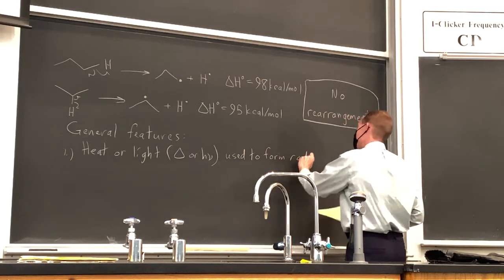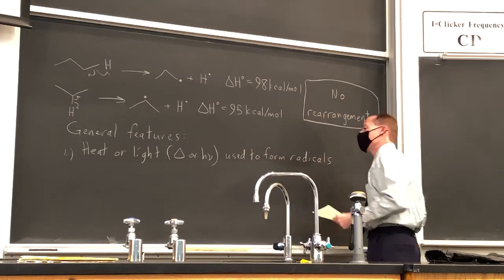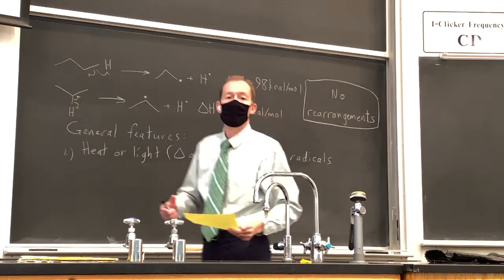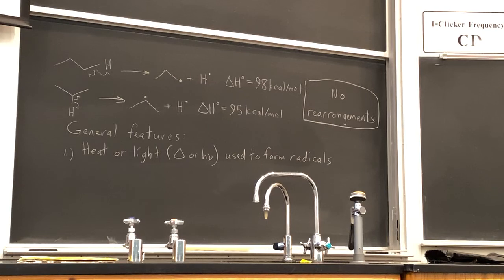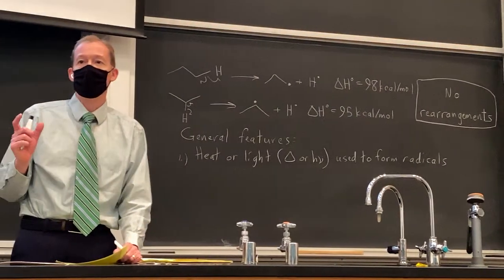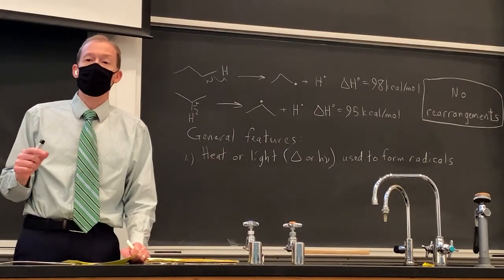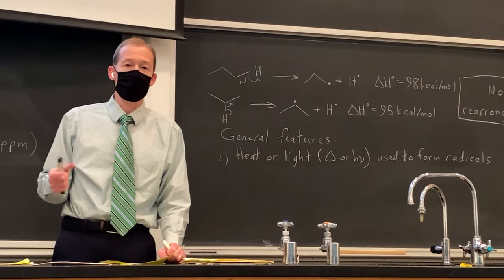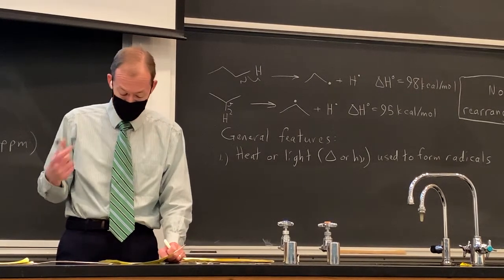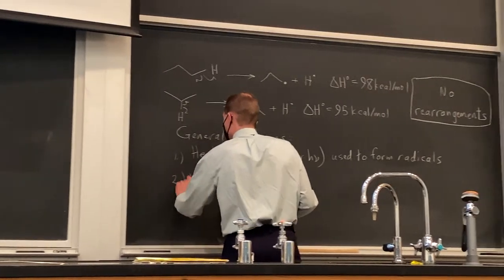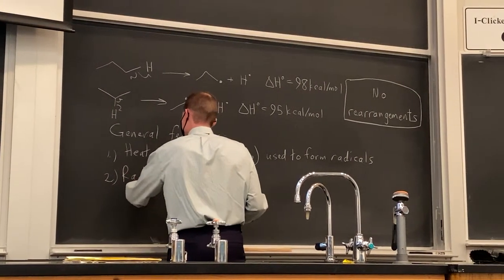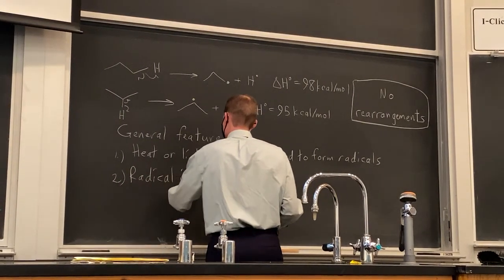The heat or the light is going to provide the energy to perform the homolytic cleavage reaction that is necessary for generating radicals. Sometimes in our starting materials, our bonds are too strong, and we're not able to directly cleave one of those bonds by using heat or light. In that case, we can use something called a radical initiator.